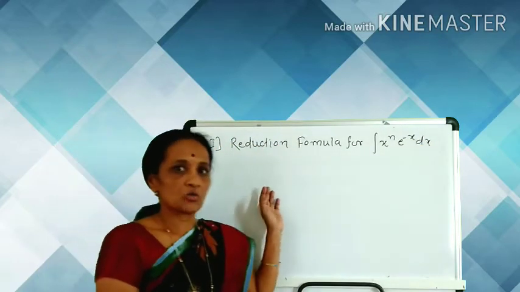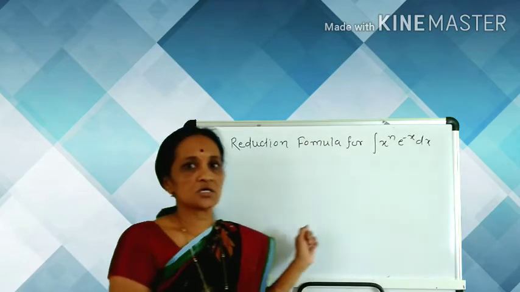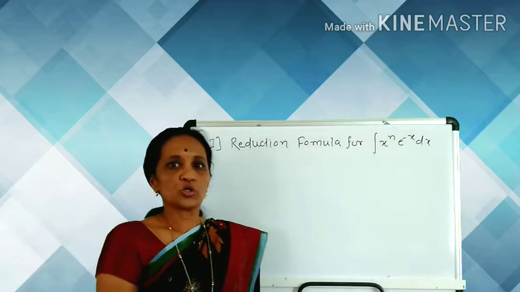In this reduction formula, the functions are x raised to the n and e raised to the minus x, means the product of the two functions.